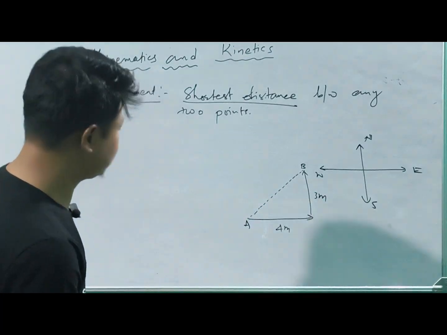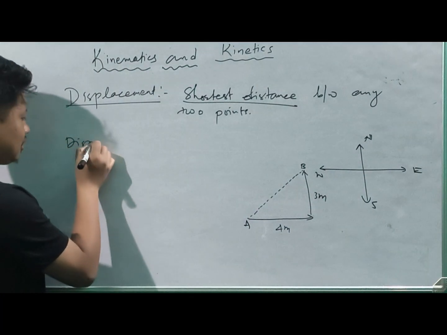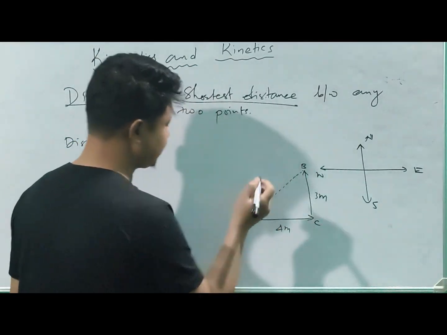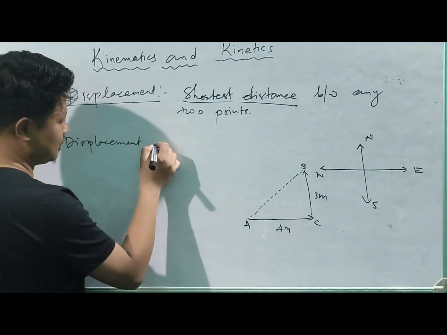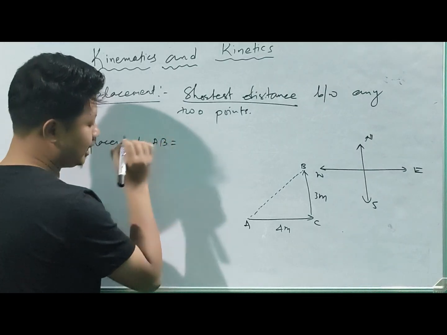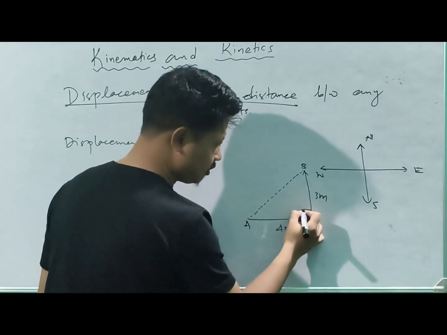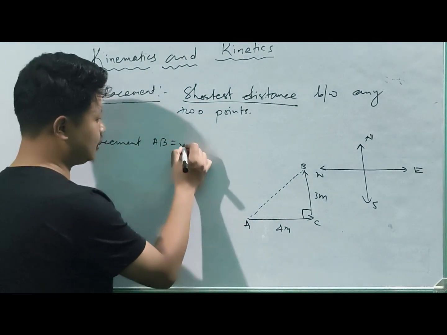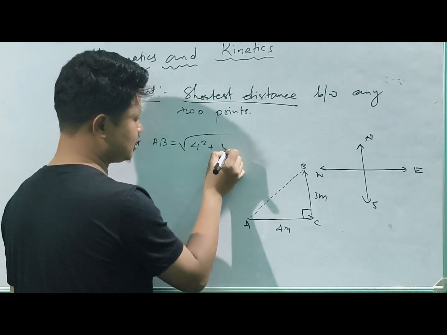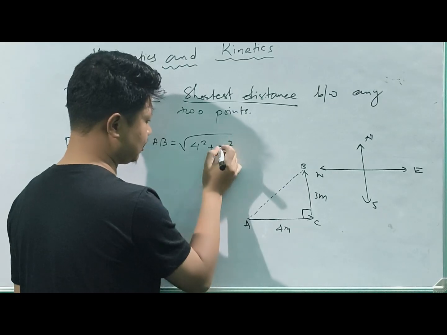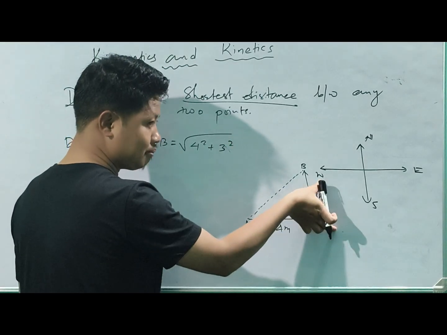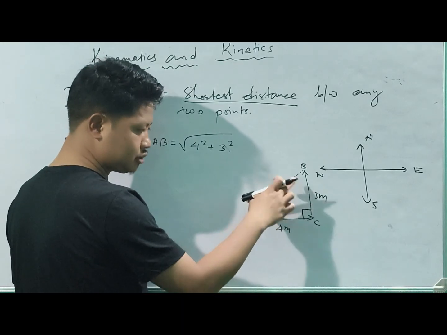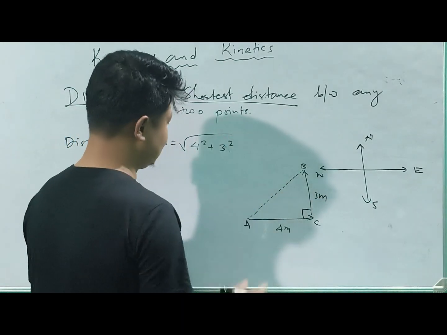So displacement is given by AB, and if you look here, this is exactly 90 degree, and if you use the Pythagoras theorem, it will be equal to the square root of 4 square plus 3 square, that is base square plus perpendicular square, giving the hypotenuse.